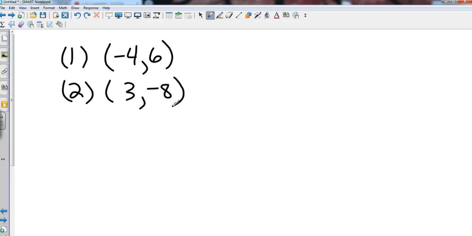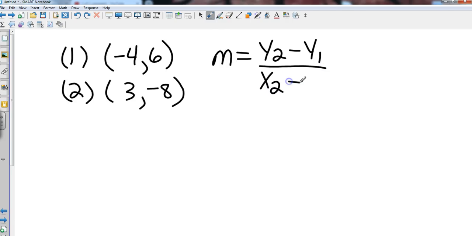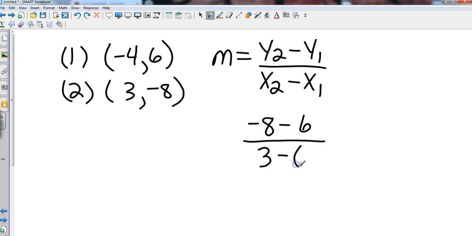Again, my formula, slope equals y2 minus y1 all over x2 minus x1. So the y value of my second point is negative 8. I'm subtracting the y value of my first point, which is 6. The x value of my second point is 3. I'm subtracting the x value of my first point, which is negative 4.